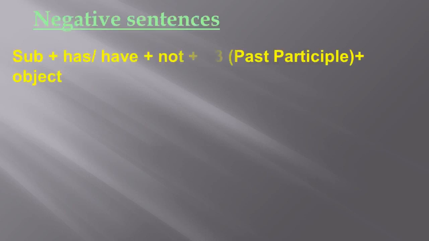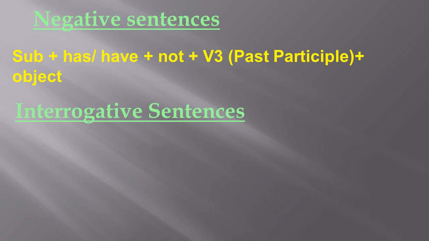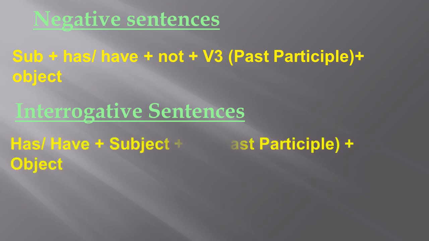For negative sentences, we will have subject plus has/have plus not plus verb third form, that is the past participle form of the verb, plus object. For interrogative sentences, has/have, that is the auxiliary helping verb, will come forward, then subject, then third form of the verb, then object.